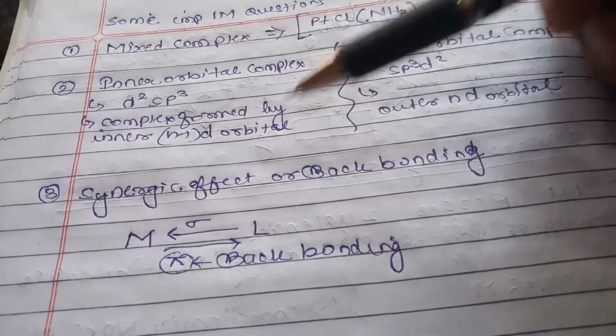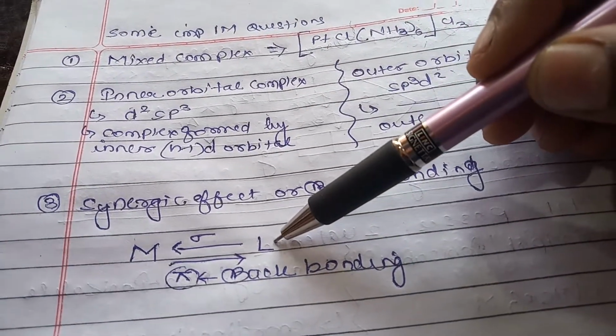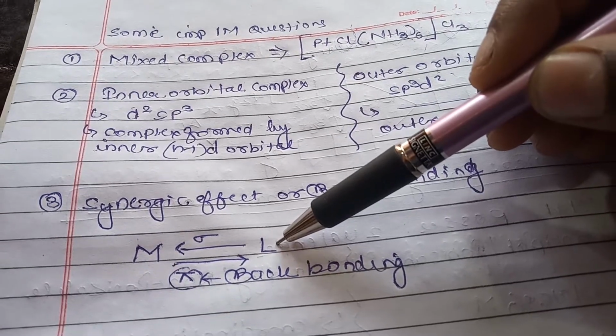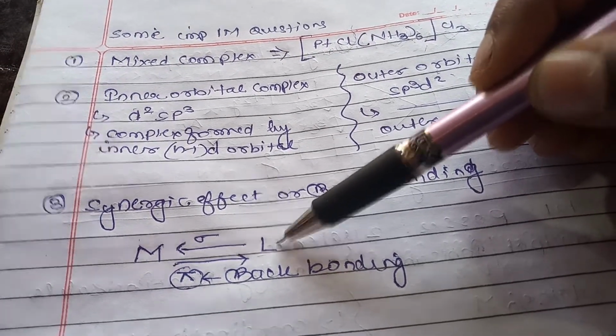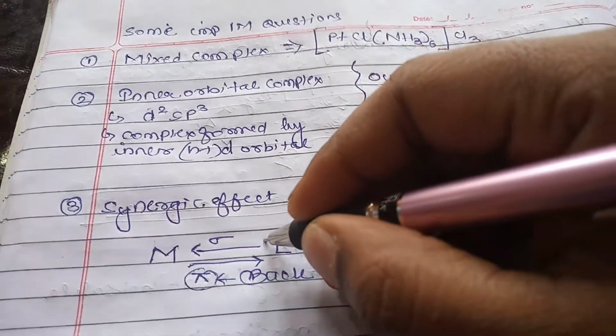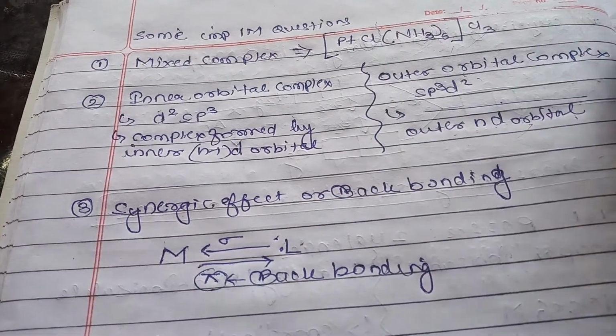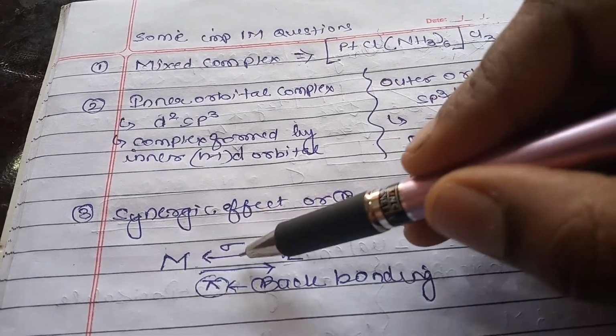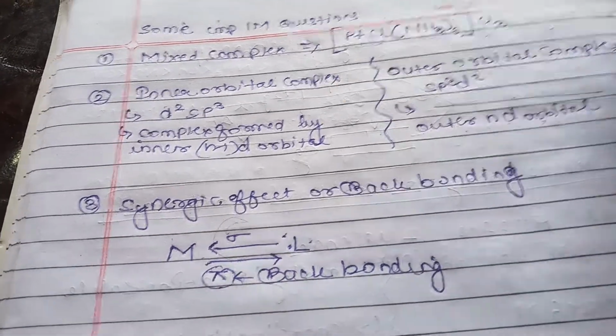Guys, we came to know that a ligand is a species which has a tendency to donate its electron to the metal. As a ligand can be an anion or a neutral ligand, it means it has a lone pair. When the ligand donates its electron to the metal, it results in the formation of a sigma bond over here.